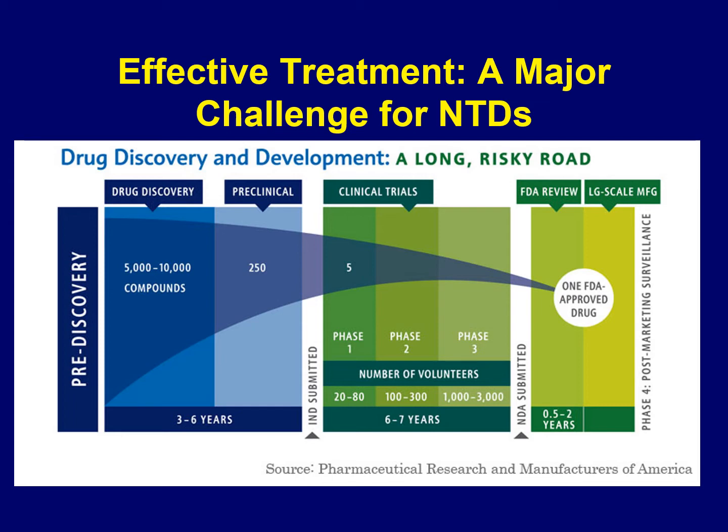And eventually, if you are successful, you'll have the opportunity to submit an application for regulatory review. In the US, before you start studying drugs in humans, you submit an IND, an investigational new drug application. Once you have sufficient data showing efficacy and safety, you can submit an NDA to the FDA, which is a new drug application.